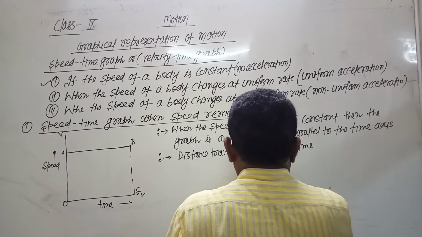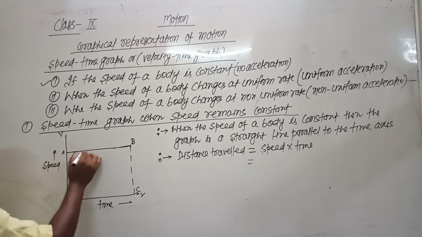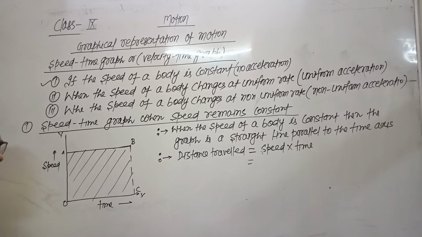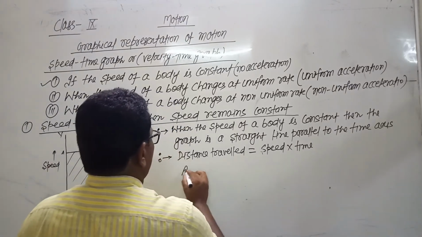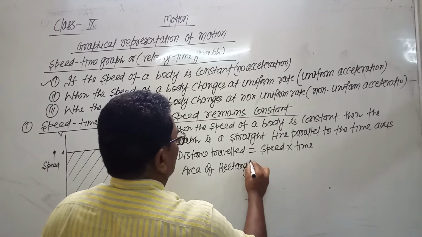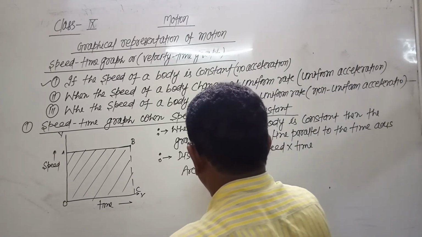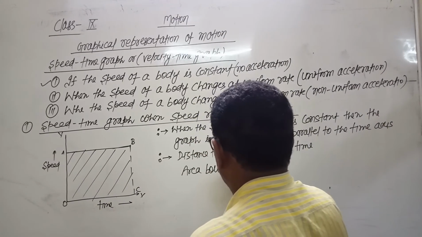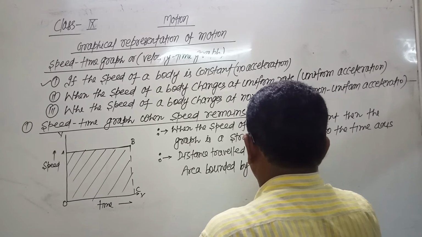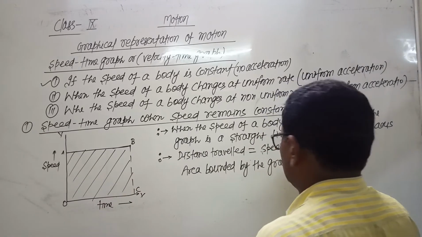Also, the area under this graph, the area bounded by the graph, is a rectangle, and the area of a rectangle is length into breadth.